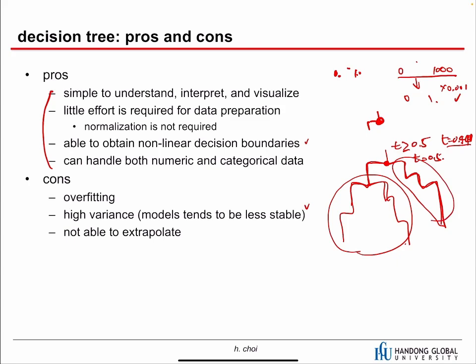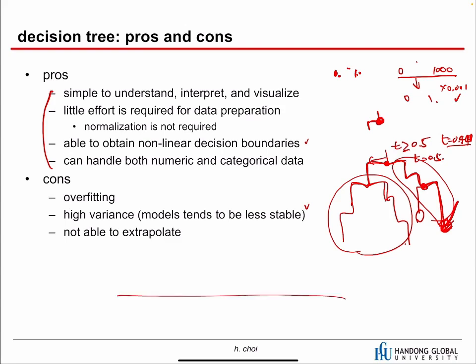So that's why the models tend to be less stable, and it's not able to extrapolate. So let's say this one is smaller than, this one is larger than, then finally we have the leaf node here. If the value is larger than the threshold, then it will fall into this leaf node. So it cannot extrapolate.